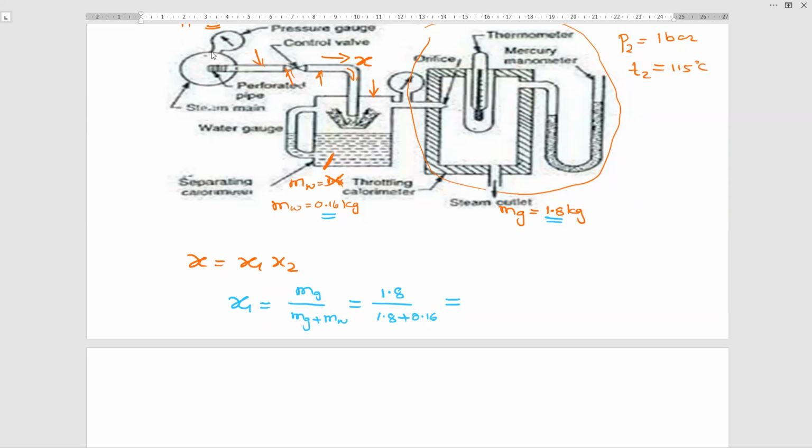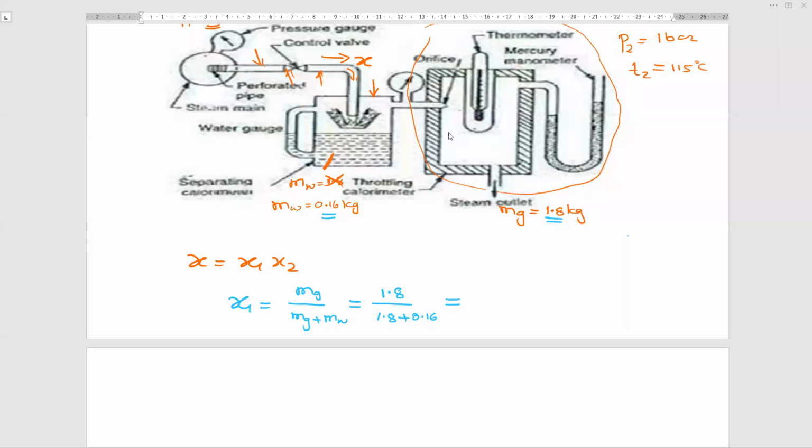Anybody, please unmute and tell me the value of this. Amit, could you tell me? Anyone, please tell me the value. 0.918.